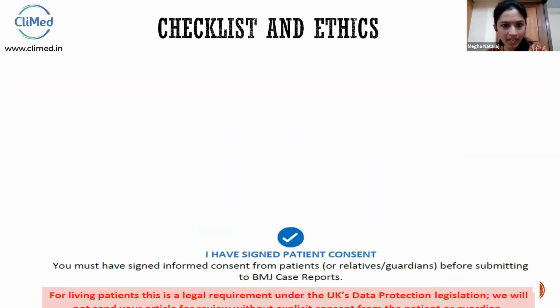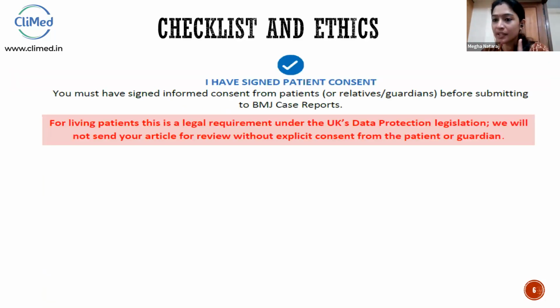Okay. Now, the first aspect which I told you comes with the patient consent. In this case, since we have directly spoken to the patient and the patient has told us, yes, doctor, you have my consent, we don't have anything to worry.